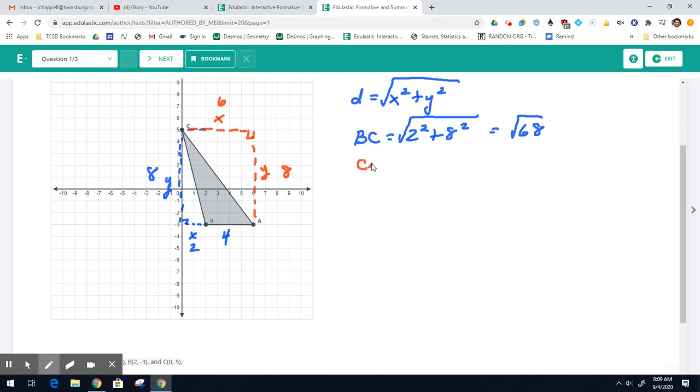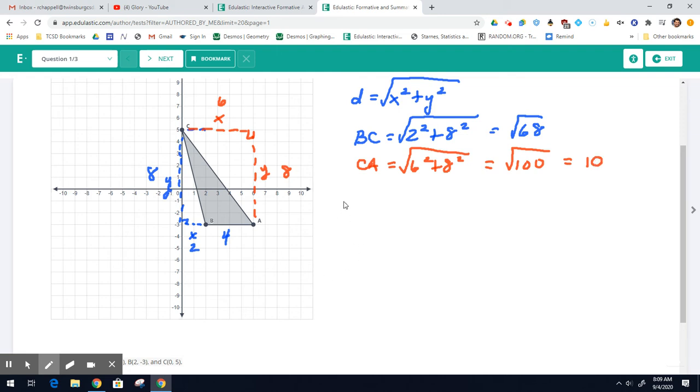So to find CA, I'm going to go square root of 6 squared plus 8 squared. And again, that's 36 and 64. That is 100. And this is actually a perfect square. If you do the square root of 100, you get 10. Not the square root of 10, you get 10 even.